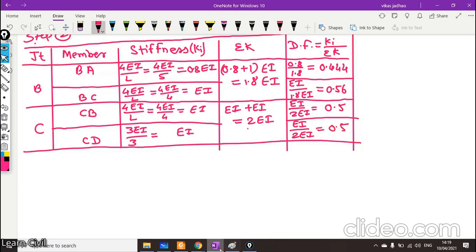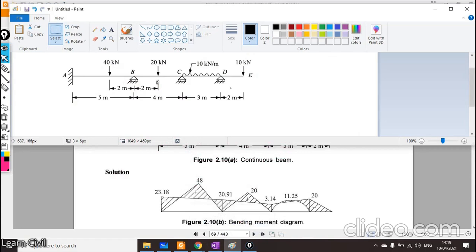Now for this particular beam, you can see here we have span CD where the end support D is a simple support or a roller support.